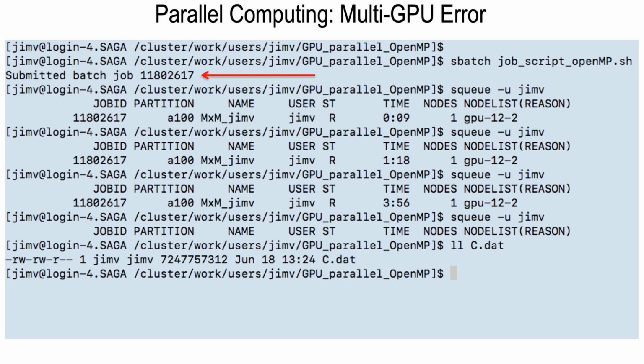To submit our job to the Slurm workload manager, we use the sbatch command, which assigns it the job number 11802617. By executing the sq command, we can monitor the job's progress and see that it has been running for 9 seconds. After several checks, we confirm that the job has finished.